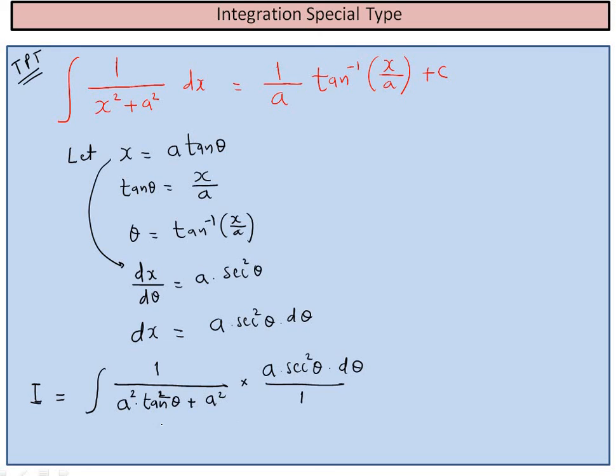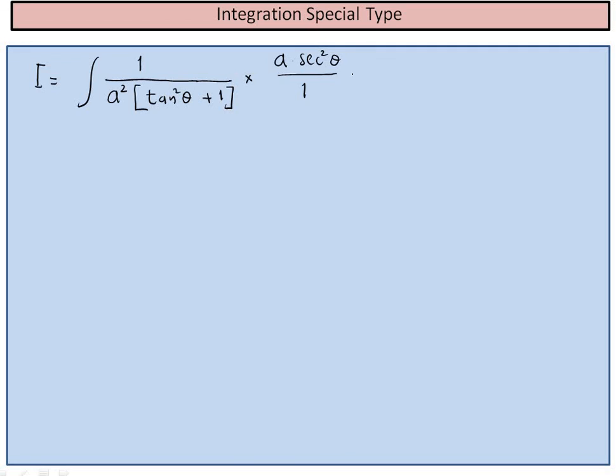Here I take a square common, so inside it will be tan square plus 1, and you know tan square plus 1 is sec square. So I will be equal to integral 1 upon a square, common taken, inside the bracket it will be tan square theta plus 1, bracket complete, multiplied by a sec square theta d theta.